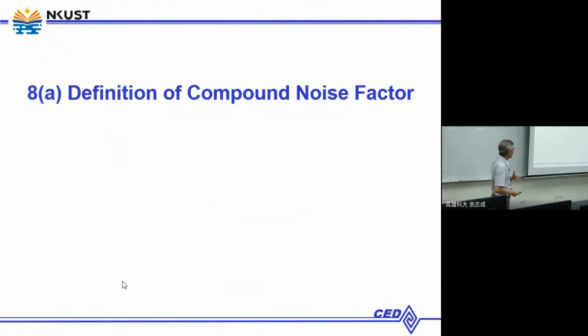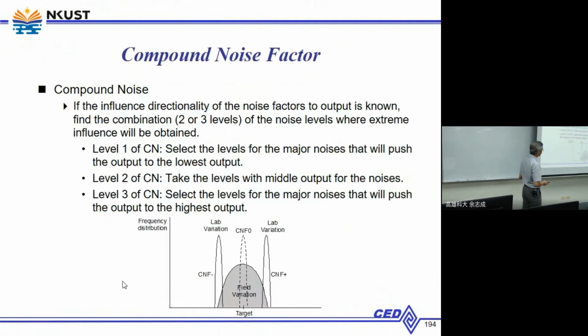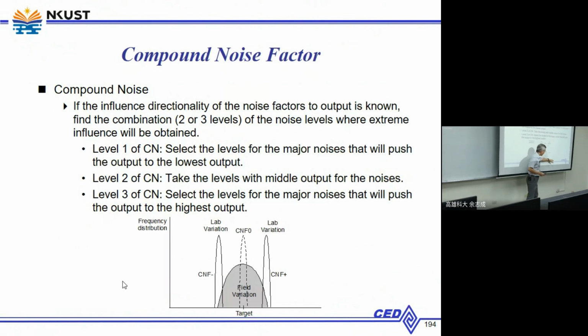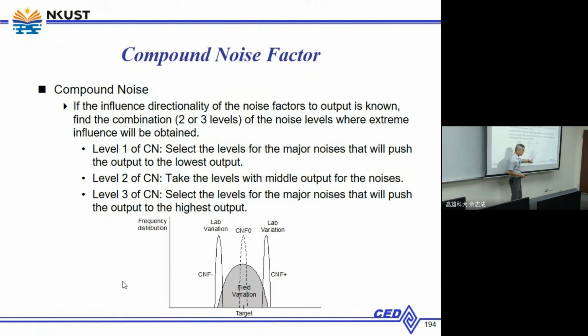So let's define what compound noise factors are. For compound noise, this is the output. This is the target output. As I mentioned before, the reason why it will have a distribution is due to the influence of noise factors.